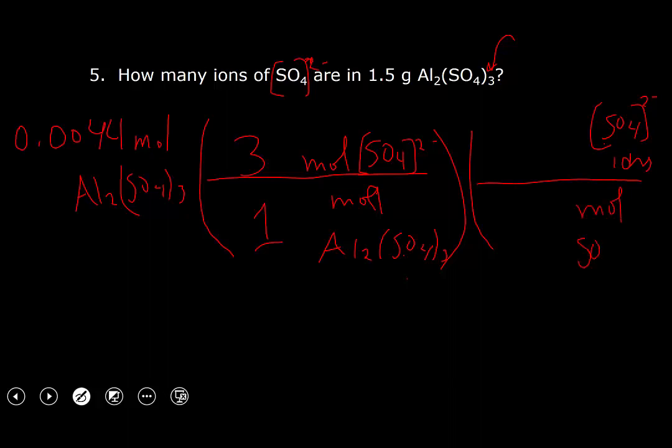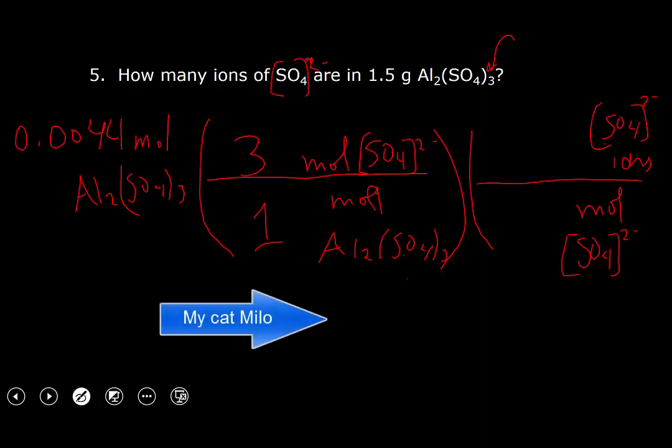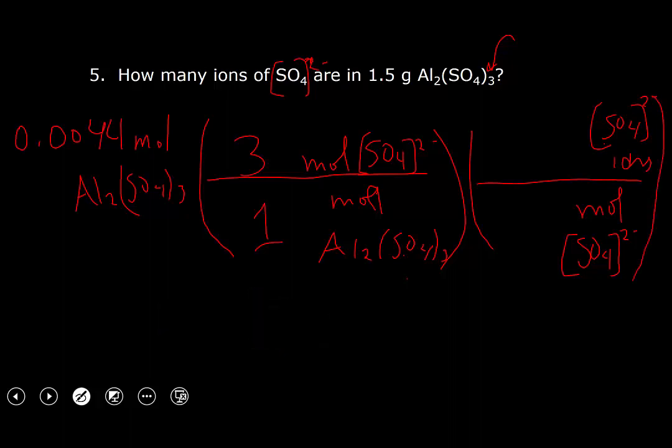So we're going to do moles of SO4. Ions per mole, those units tell us that we're going to use Avogadro's number. And we always put Avogadro's number by the atoms or ions. So 6.022 times 10 to the 23rd for every 1 mole.